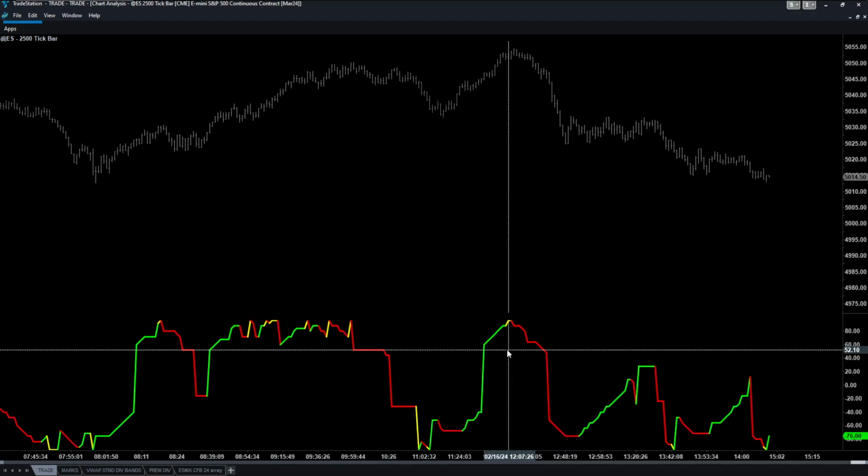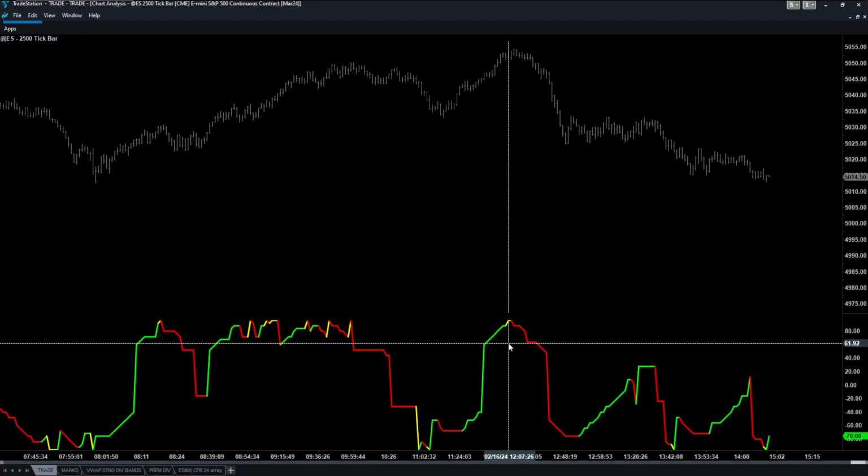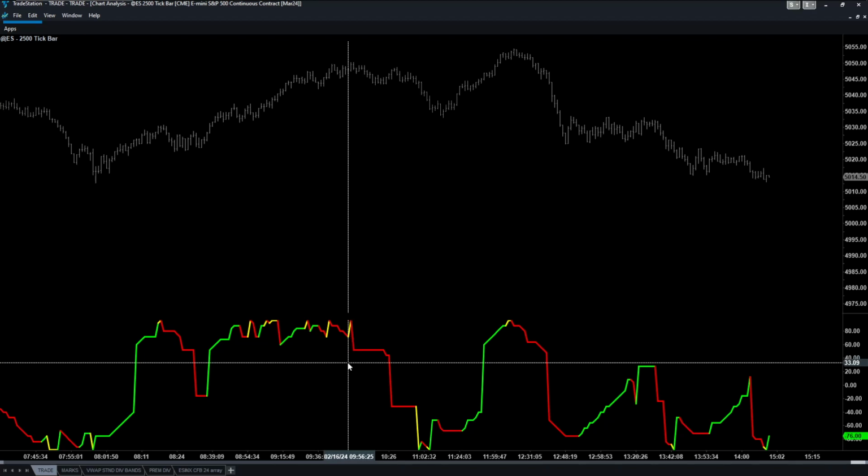Now here's the thing. It has to hit 96, but it has to move to the next bar before it's going to display yellow. So oftentimes what happens, like right in here, it will display that it hit 96 in retrospect, but it'll take it down to where the bar was previous to that.